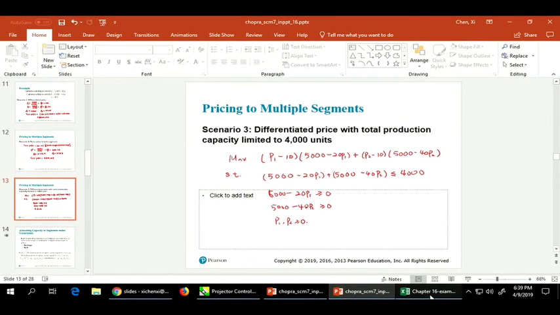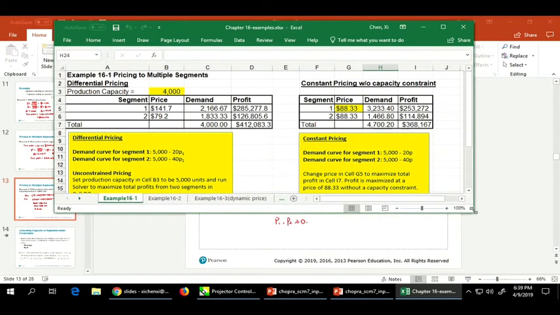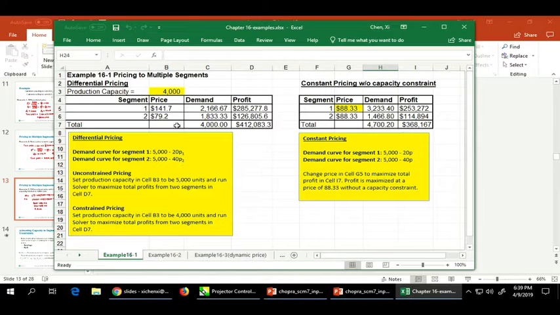So again, this can be done in Excel Solver. So this is the example, right? We have two segments of customers, each we charge a different price. So we can make these 0, 0 to begin with, and demand is calculated using the linear demand functions, and then we sum up these two demands to get the total demand satisfied.